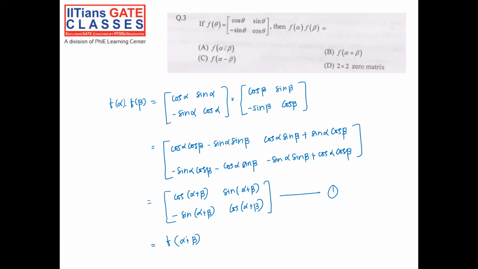Because we can clearly see the first term is cos, the second term is sine, the third one is minus sine, and then the last one is cos. And that's why we can say here option B is correct.